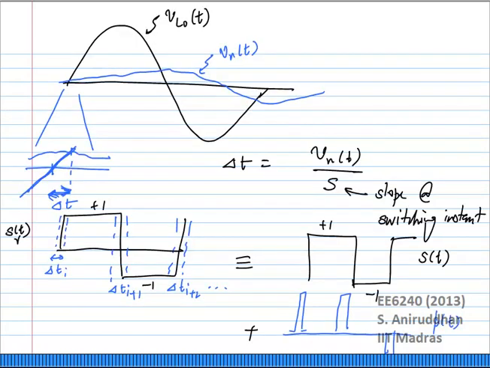At the instant of switching, we can replace the real square wave, which has a varying switching instant due to noise, with an ideal square wave plus a series of pulses. The pulses could be positive or negative depending on which edge you are looking at and how the noise changes the switching instant.